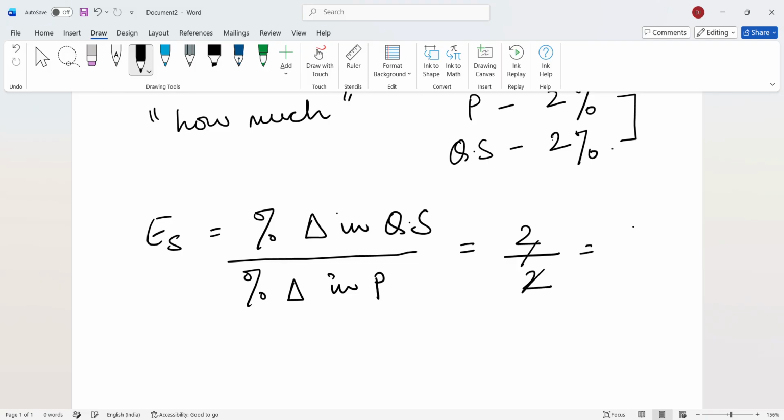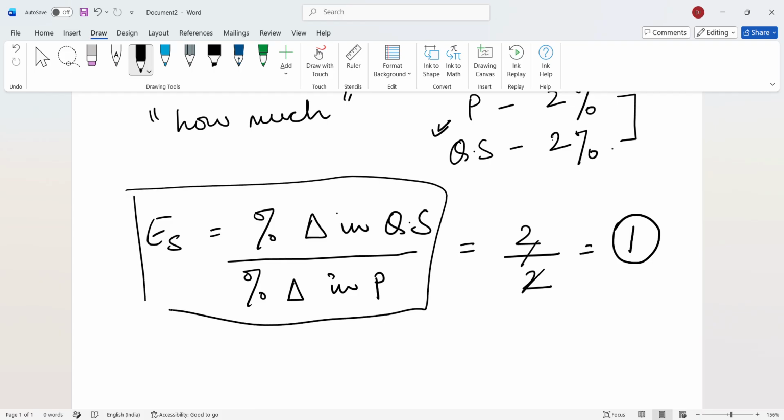So you cancel these out, you get 1. In this particular case, the price elasticity of supply turns out to be 1. But what you really have to remember is this formula: percentage change in quantity supplied divided by percentage change in price.